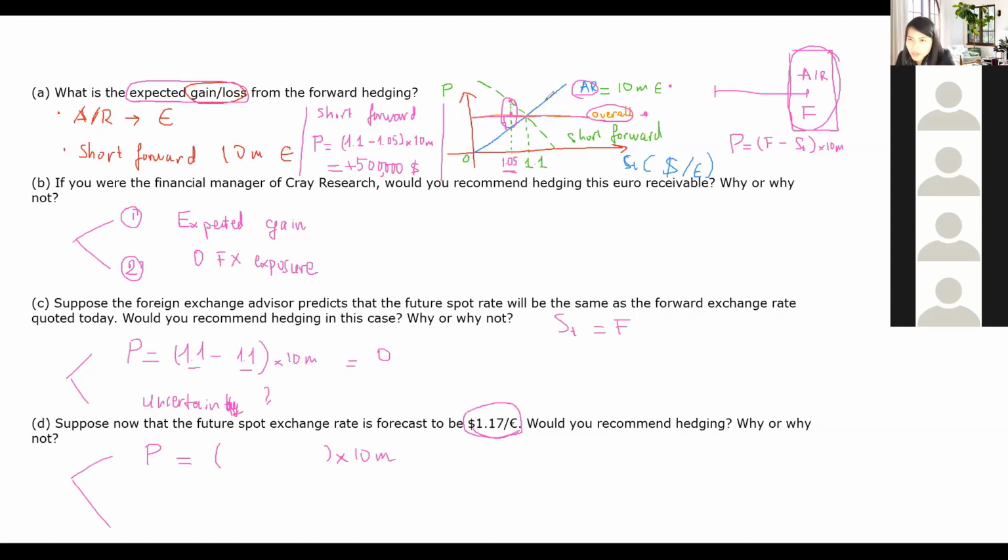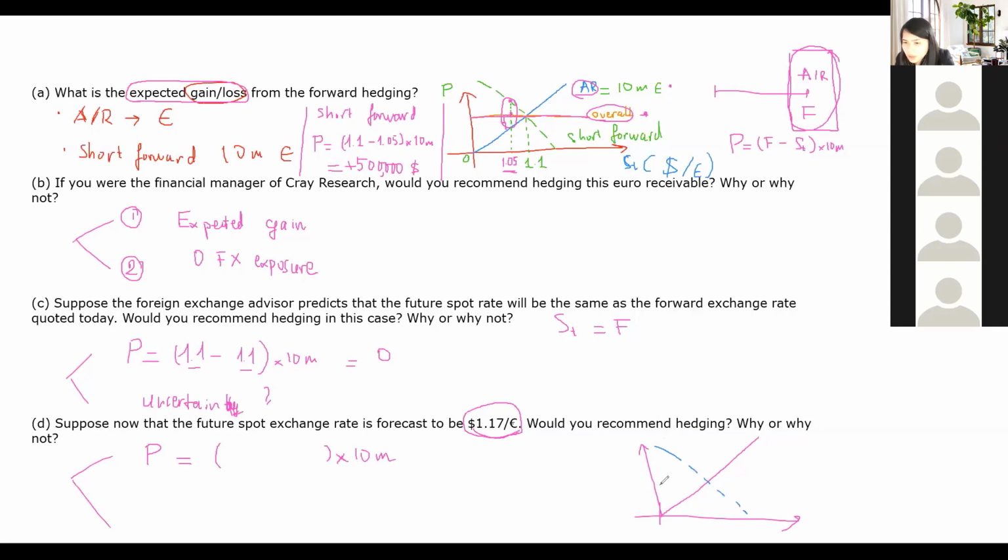So going back to Vivek's question before, now in the second scenario in question D, excuse my plotting is not very accurate. Here I've got my account receivable as before, and then I'm going to have the forward hedge.